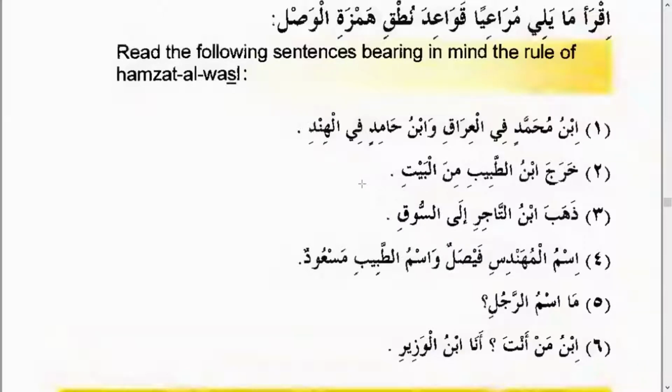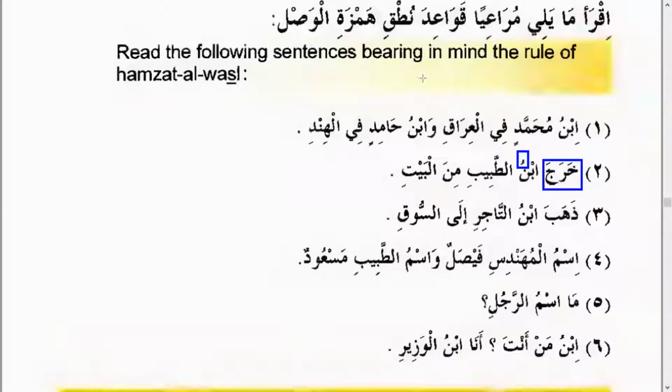Where is the fa'il for this? Kharaja is the verb, fine. Where's the fa'il? Anyone? The fa'il, the doer, the actor. Where is the fa'il? Ibnu, yes. How do you know? Because Damma is the giveaway generally, right? Because the fa'il, always remember, has to be marfu. It has to have Damma.